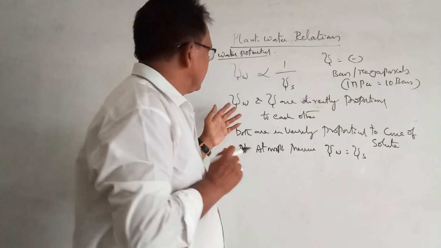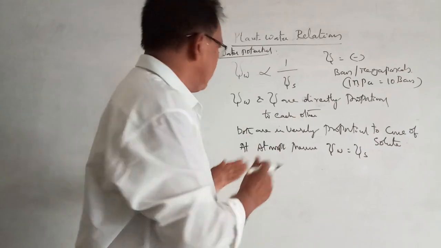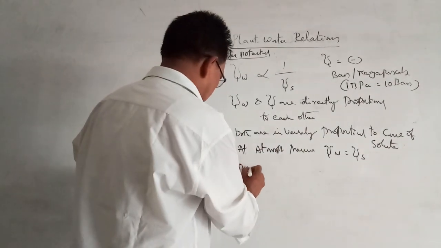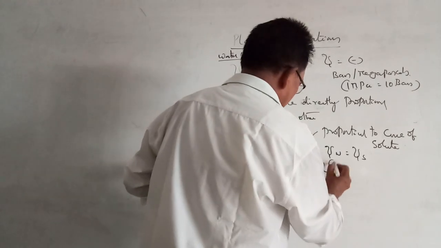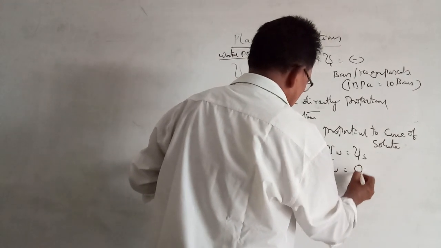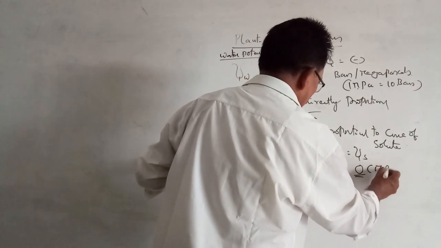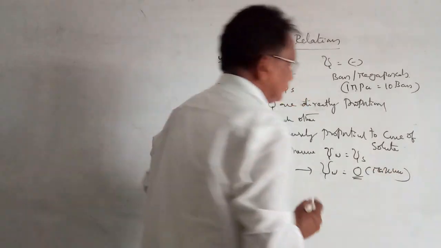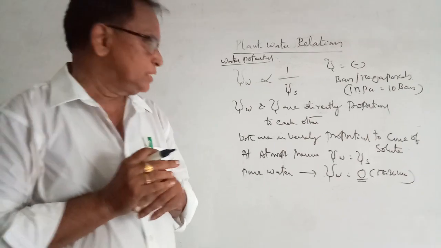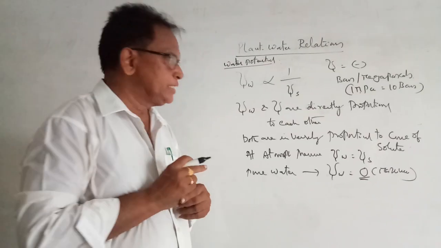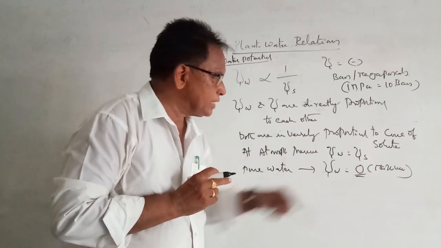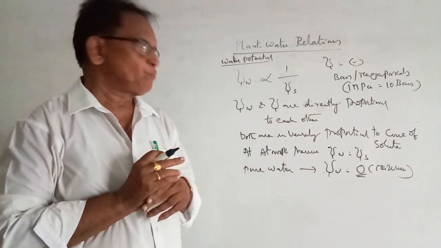If we take pure water, its psi W value is 0 or maximum. If you take pure water, its water potential value is always maximum. It is always 0 at the maximum.